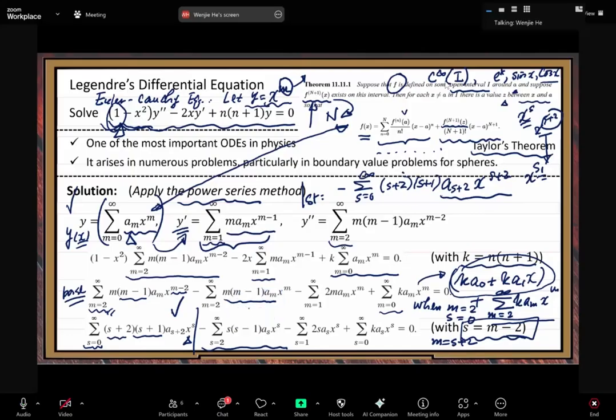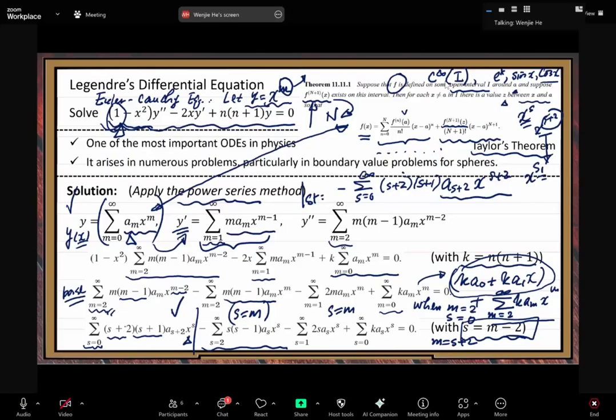Here, let me write it. Then the summation, is it the same? s equals m, still the same, right? Only the first one is different.